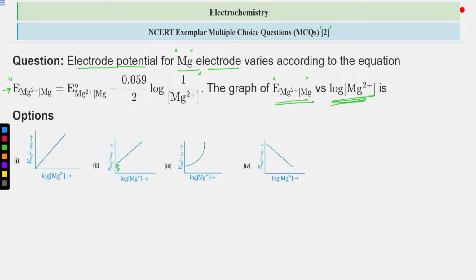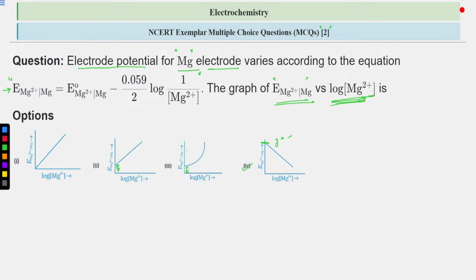In the third graph, we have a graph between the same electrode potential and the log of concentration of magnesium ion, but the graph is a curve. Again, it also has an intercept. And in the fourth option, we have a negative slope straight line, starting from some y value.